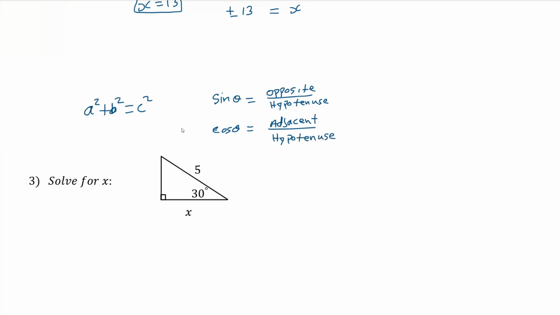So we still have to know what's the hypotenuse, right? The side opposite the right angle is the hypotenuse. And tangent is equal to opposite over adjacent.